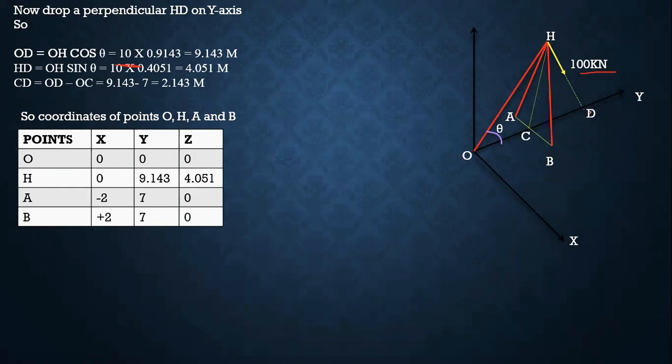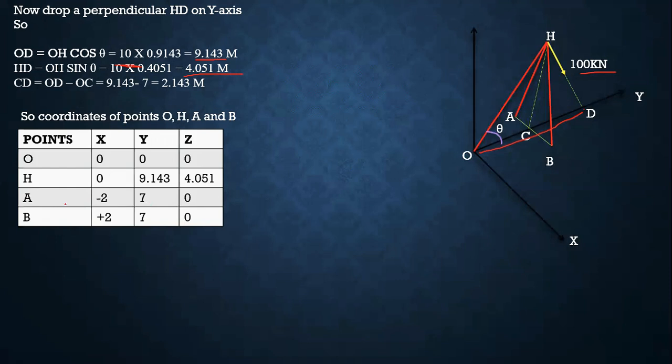For H, OD is 9.143 in the Y direction, and HD is 4.051 in height. So the coordinate of H is 0, 9.143, 4.051.